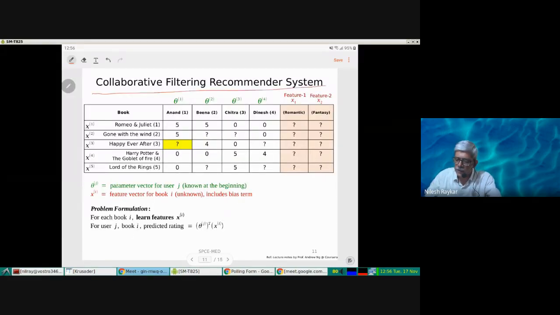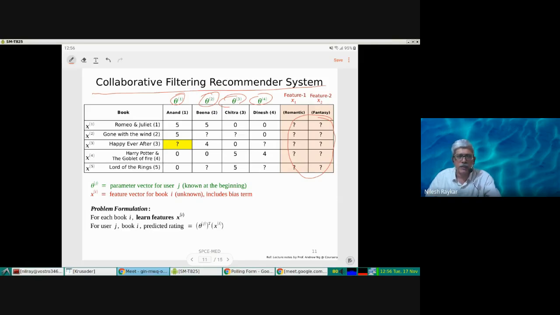As we said, in this case the features are unknown, and to begin with, we'll consider that by some means the user vectors are known. Ideally, we would like to work where the user profiles are also not known and book features are also not known, and see how to work with that. We'll come to that in a short while.